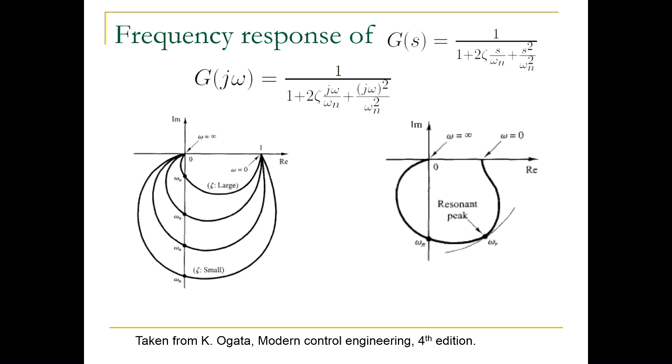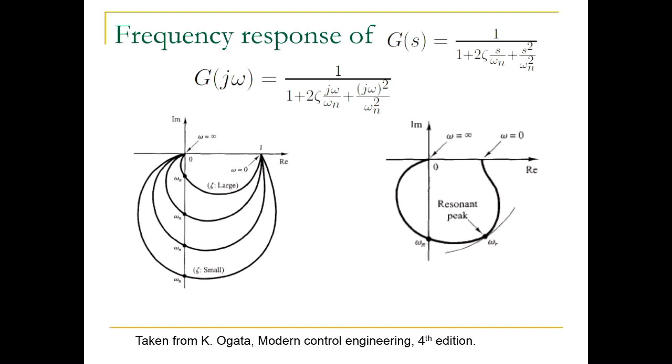Here is a bit more complicated example where we have a second order system with some damping zeta and natural frequency omega n. If I normalize everything, I'm plotting this object here, right? Then zeta, the damping factor, would affect frequency responses in this way.